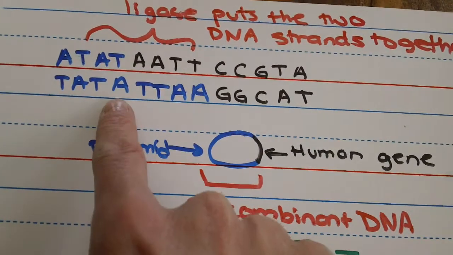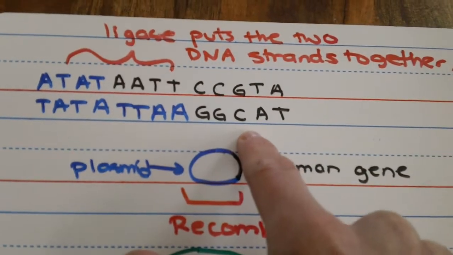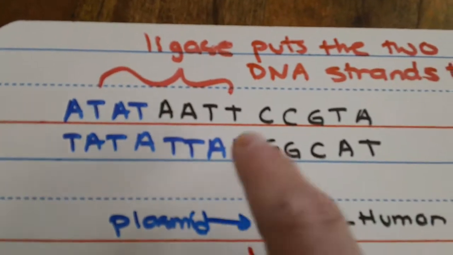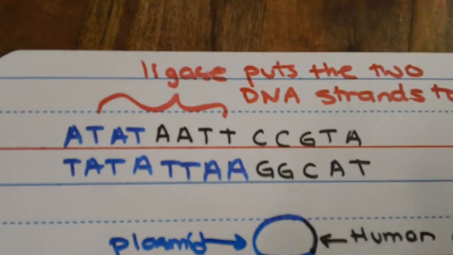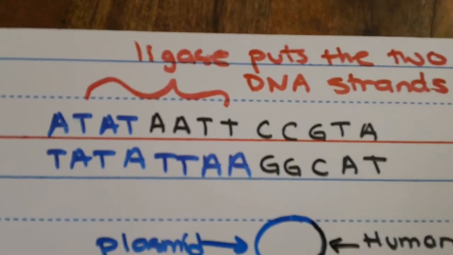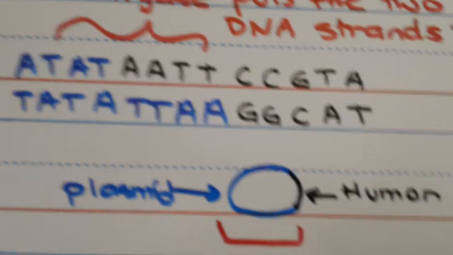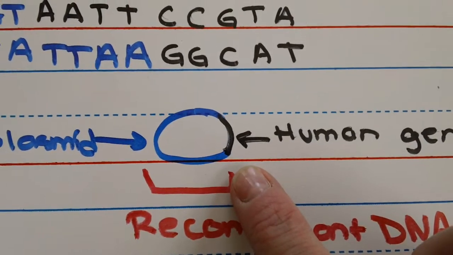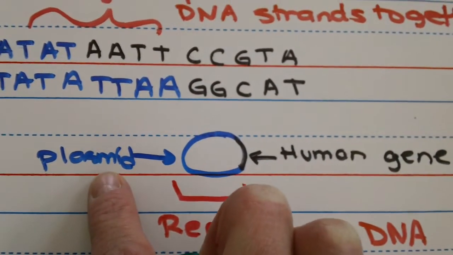So as you can see, bacterial DNA, human gene, insulin gene, the complementary pairs match up, and then adding a little ligase, which is an enzyme kind of used like tape, will help to bond the phosphates and sugars together, forming a nice recombinant ring. So I put that human insulin gene inside the bacterial DNA.